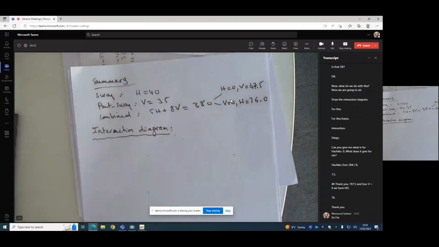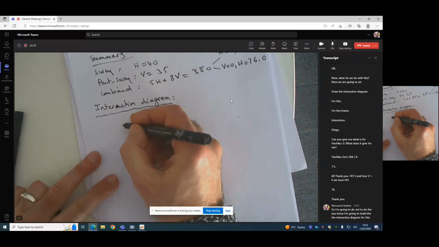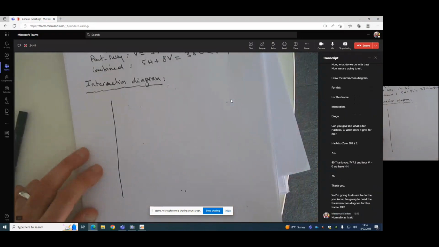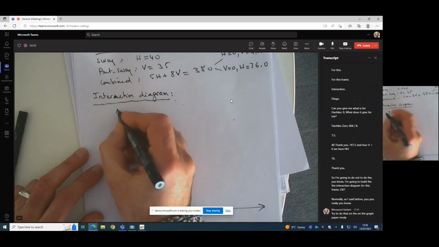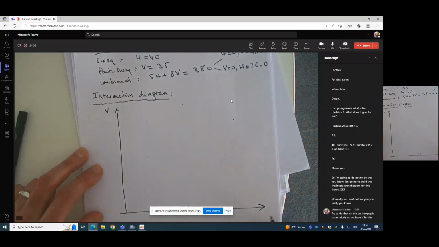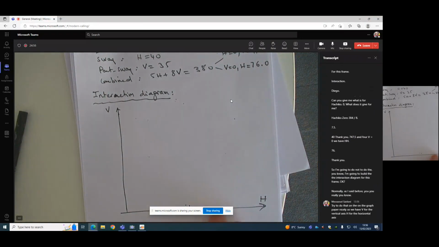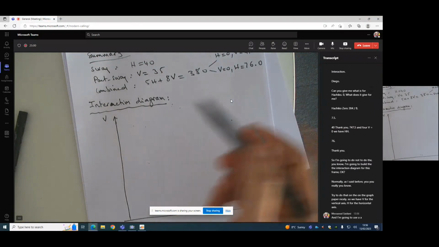So I'm going to build the interaction diagram for this frame. Normally, as I said before, you really try to do that on graph paper nicely. So we have V for the vertical axis, H for the horizontal axis, and I'm going to use a scale.